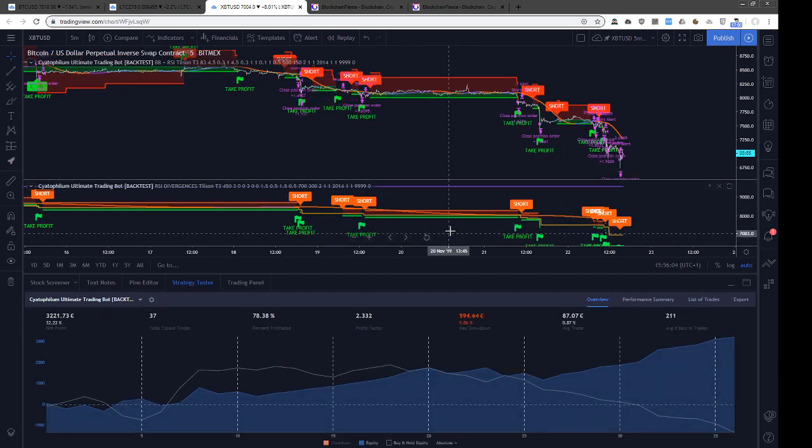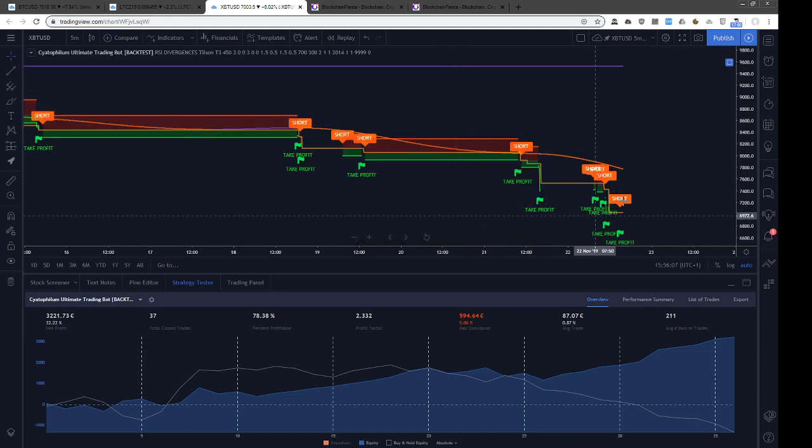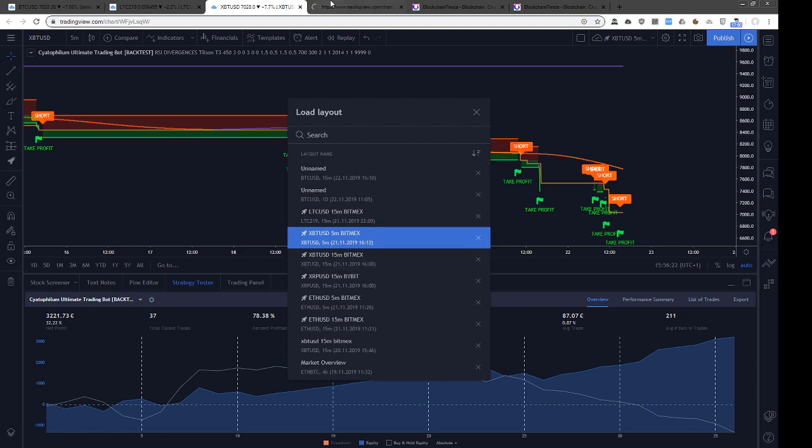If we look at the second configuration, which is using the support resistance breakouts, you can see it has a better net profit, slightly lower win rate, and also a lower max drawdown. Moving on to the 15 minutes.